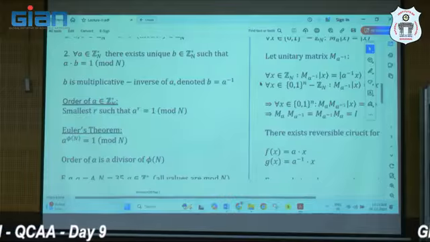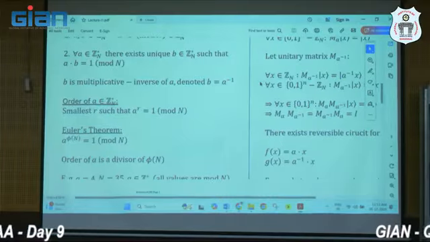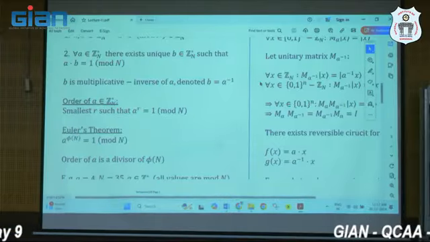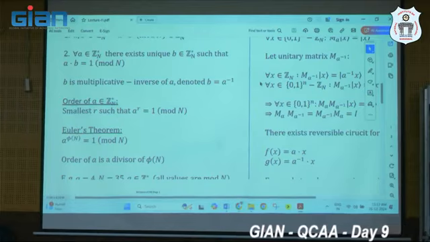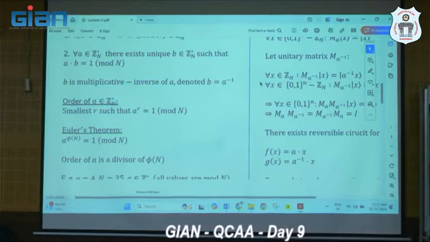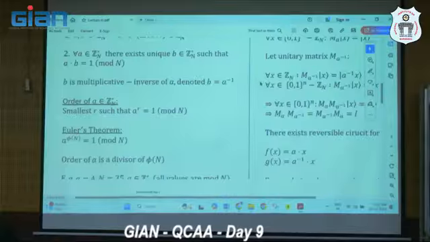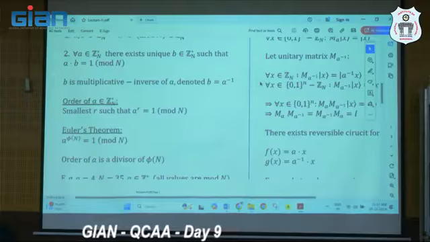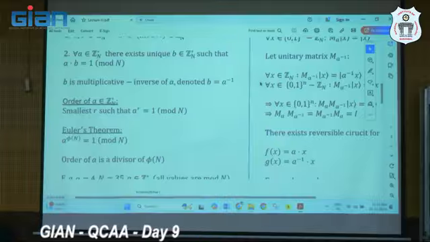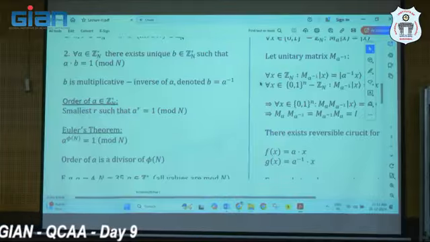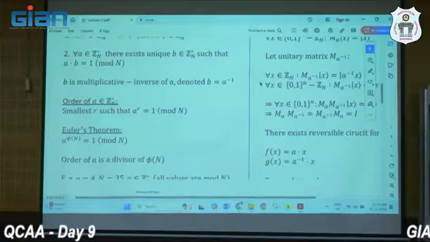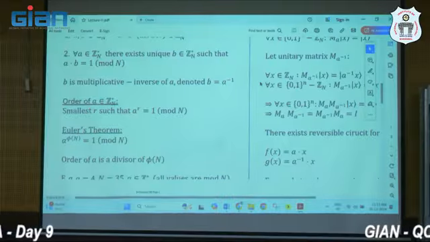Now that order R will divide phi of n. It will be a factor of phi of n. Order of A is a divisor of phi of n. Agreed? Okay. So here there are some facts, we are just taking them for granted for now. Okay.